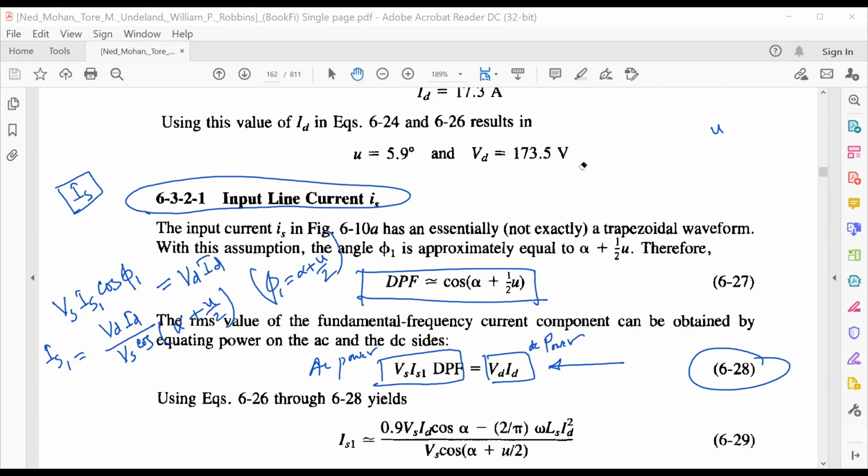Then with that we want to find the value of IS1. IS1 will be VD, 0.9 VS cosine of alpha, then 2 omega Ls ID divided by pi, and then this is your VD.